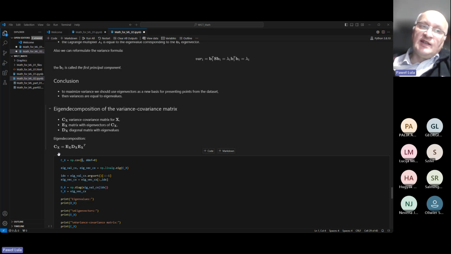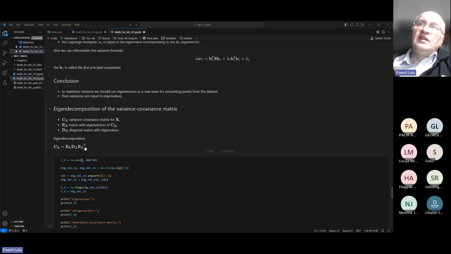The variance-covariance matrix for our original data, after centering of course, we can present as a product of a matrix with eigenvectors of this CX matrix, multiplied by D. D is a diagonal matrix, and as diagonal values we have eigenvalues.